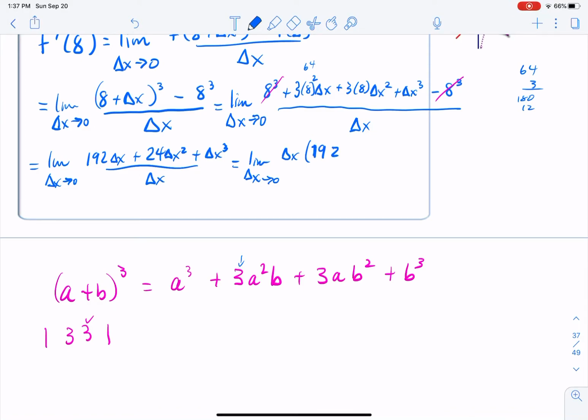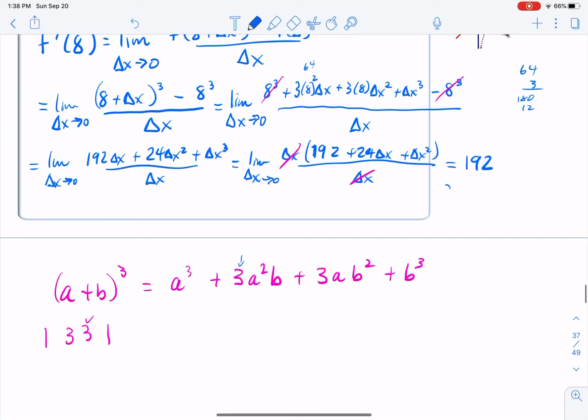So factoring out delta x across the top, I got 192 plus 24 delta x's, and then plus a delta x to the second power now over delta x. Lovely. Look at this. Cancel, cancel. And now we can go ahead and directly substitute in 0 and calculate our limit. So when I plug in 0 for my delta x, that'll be 0, this will be 0, and all we're left with is 192.